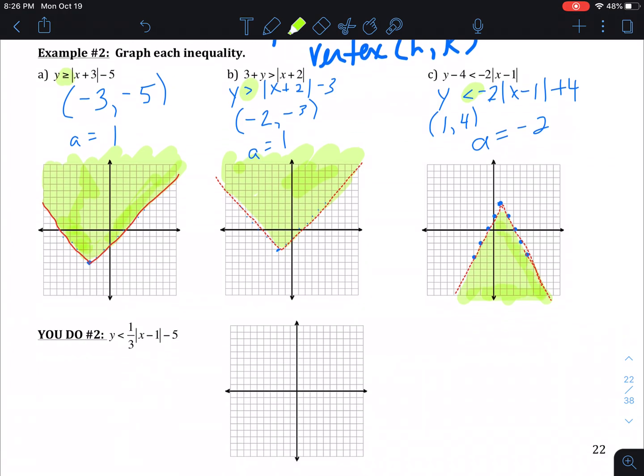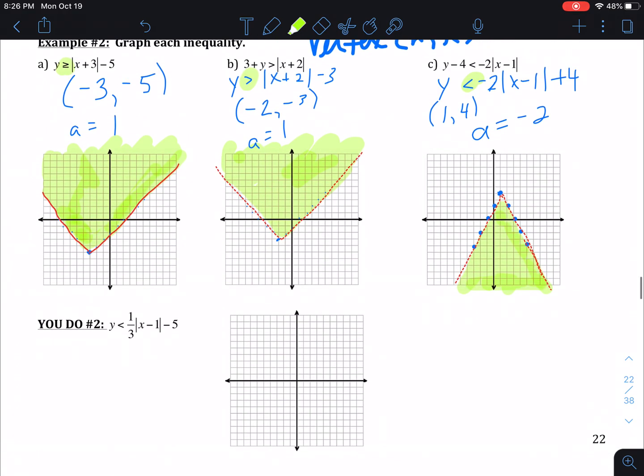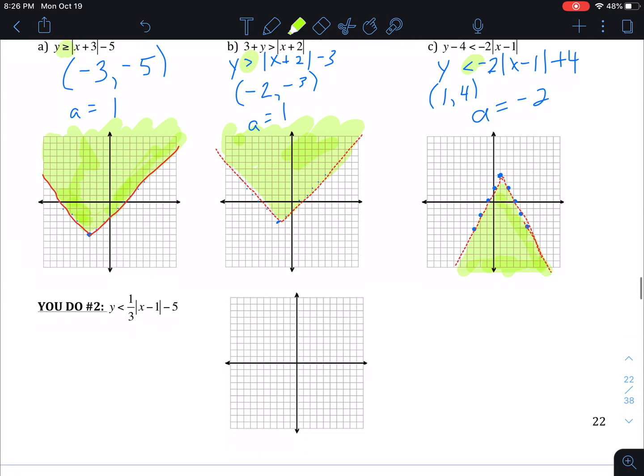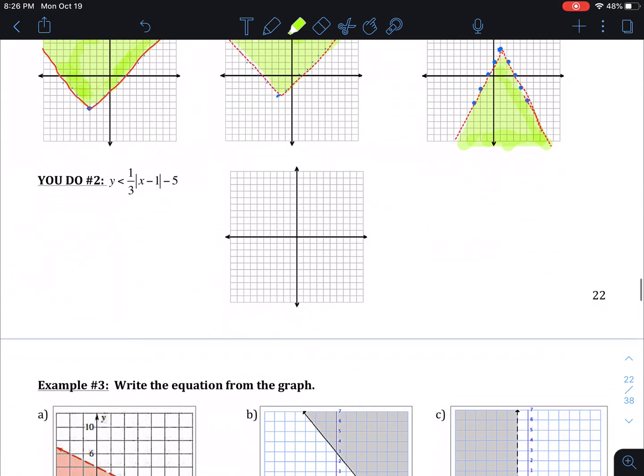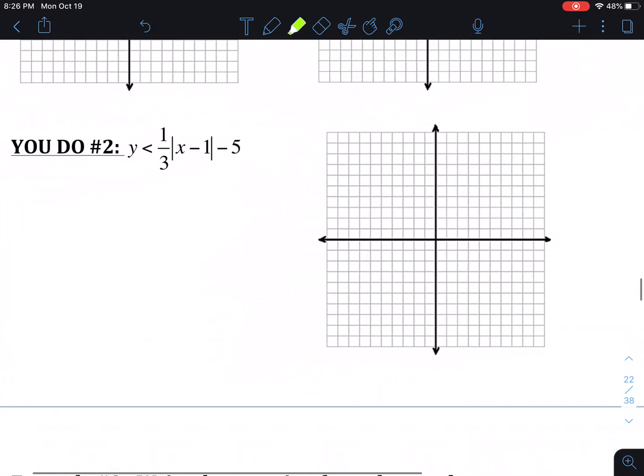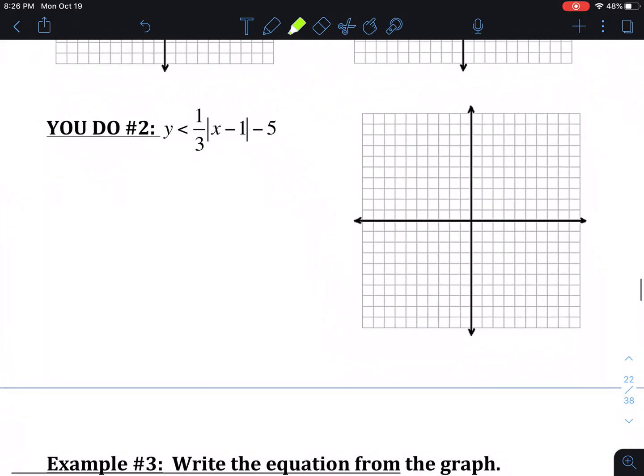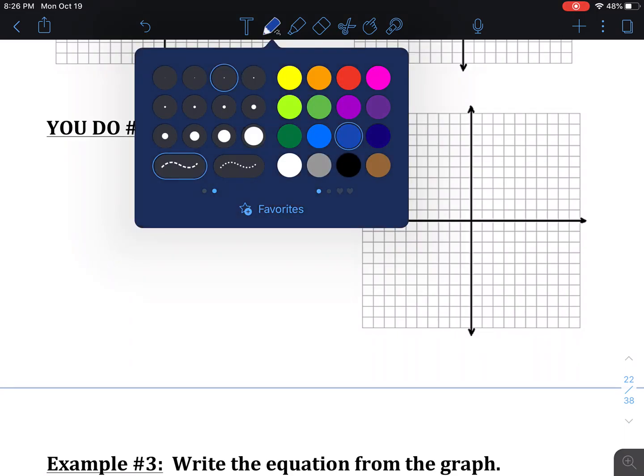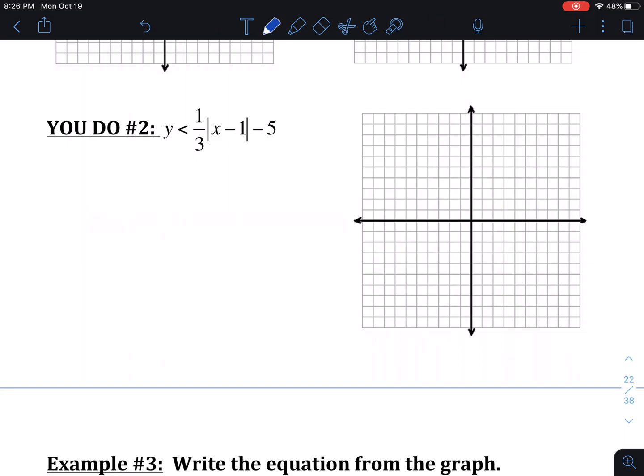What I want you to do is take a couple minutes, hit up the next problem, the you do, try your best, and then unpause it when you're ready to check your answer. Okay, this one is ready to graph.